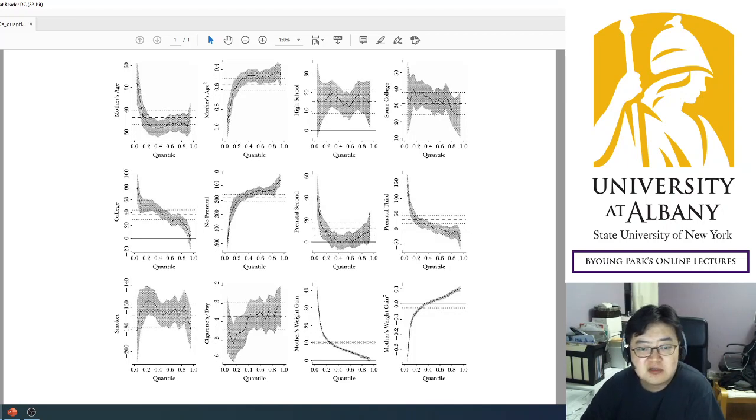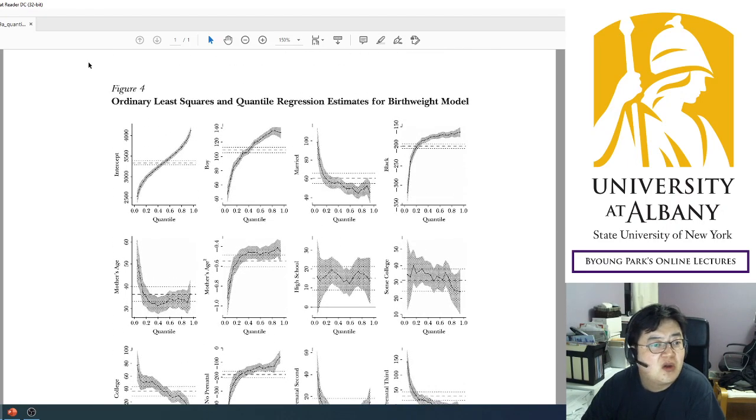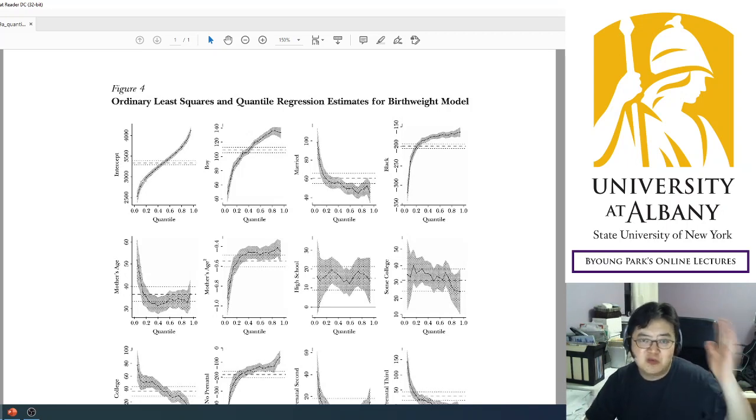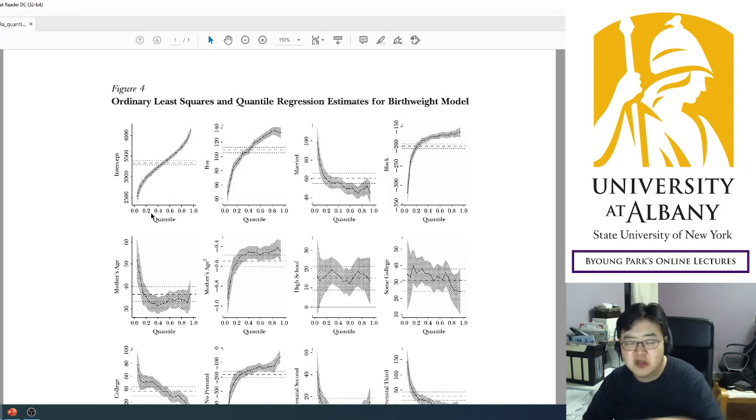And here, as you see, the model is estimated at a lot of different quantiles. I don't know exactly how many, but I guess at least the 5th percentile, 10th percentile, 15th percentile, 20th percentile. By doing this, the same model can be estimated at multiple quantiles, and all the results are collected in one graph.